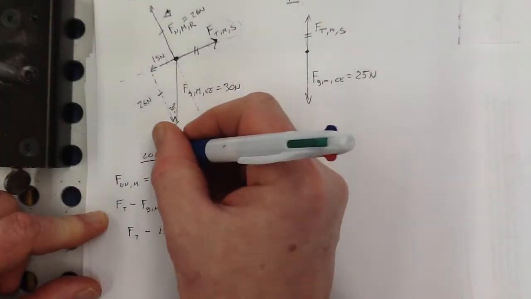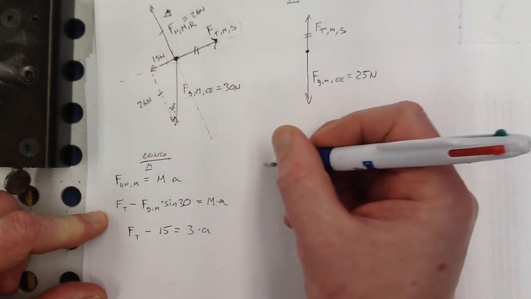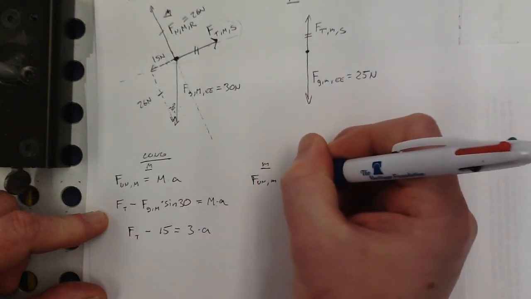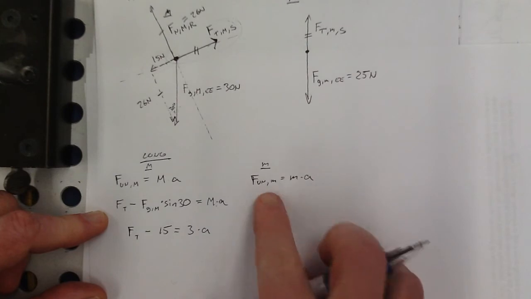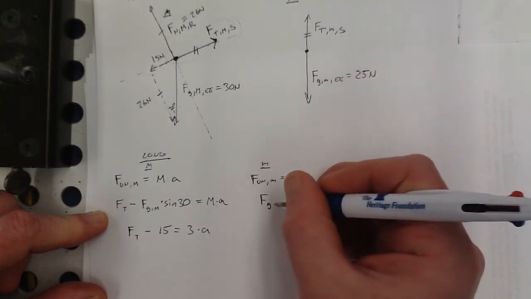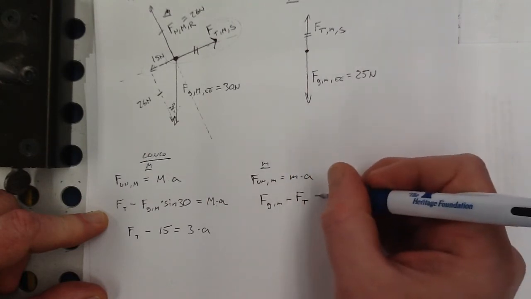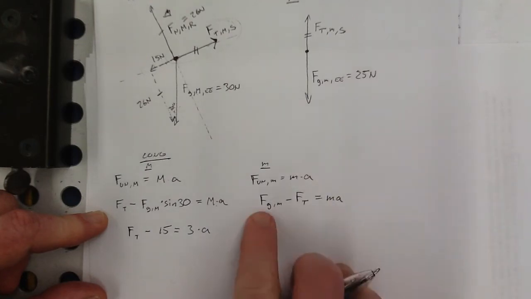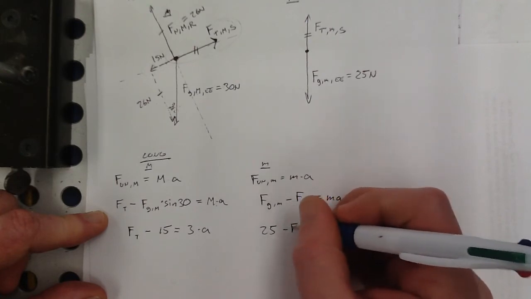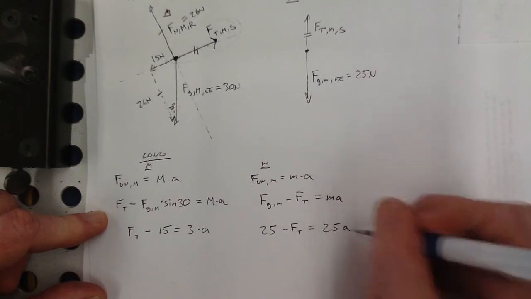So that is the unbalanced force equation for big M. For little m, the unbalanced force on little m is equal to little m times A. For little m, I've got the force of gravity on little m is winning, minus the force of tension is losing. Force of gravity on little m is 25. Don't know what the force of tension is. Mass 2.5 times A.